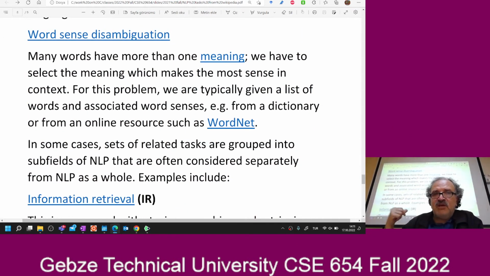Word sense disambiguation, I just talked about it. Okay, a word has many meanings, and given a context, I need to know what kind of meaning it has. So I need to find, we say, this pike here is meant for this meaning. This is for that meaning.